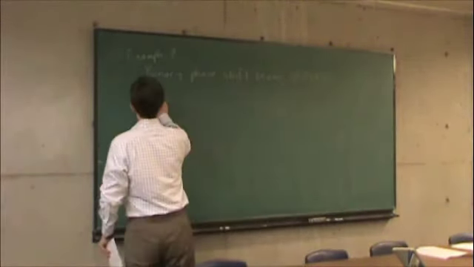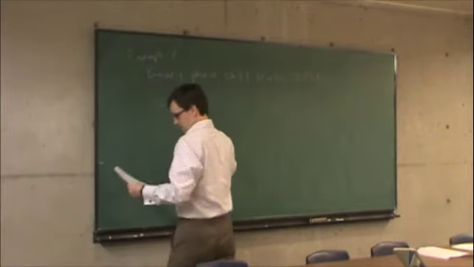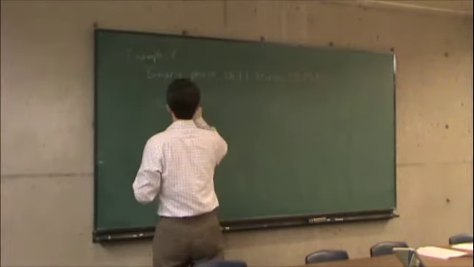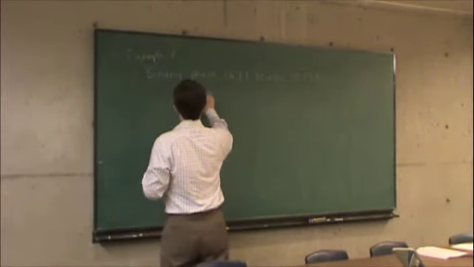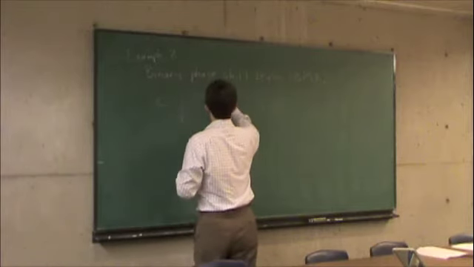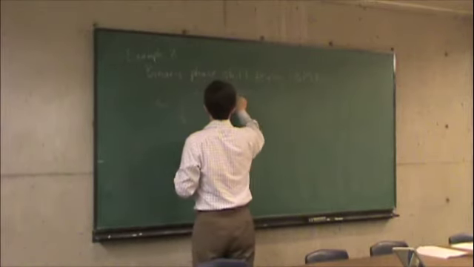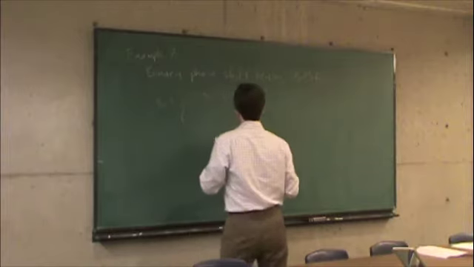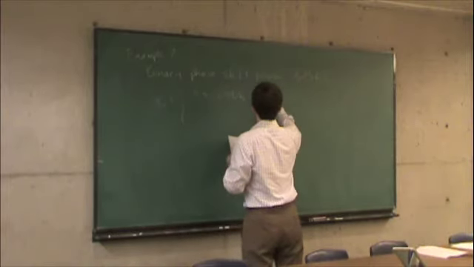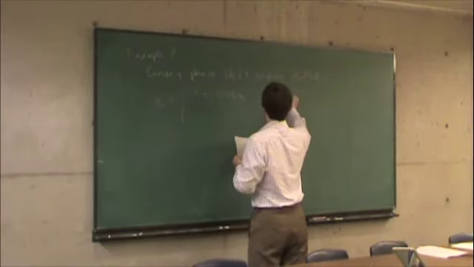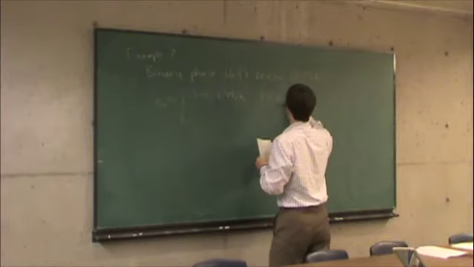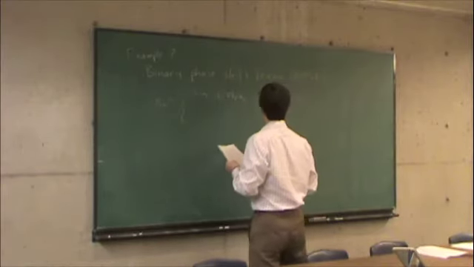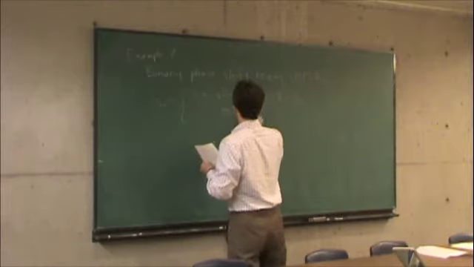In BPSK, S0 is equal to sine of 2 pi k over NB for k equal to 1 through NB, and 0 otherwise.